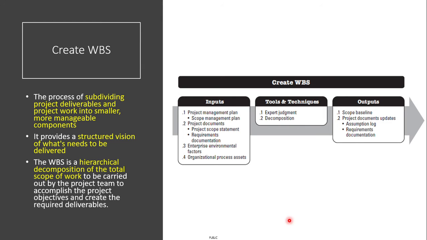So it's basically a hierarchical decomposition. We call it a hierarchical decomposition, where you take the total scope and break it into areas. In layman's terms, say you want to build a house in your private life.